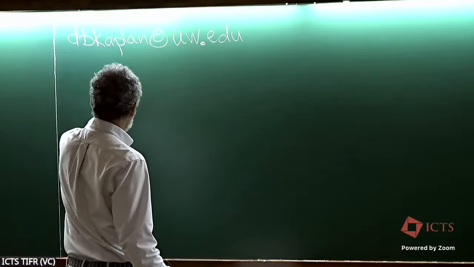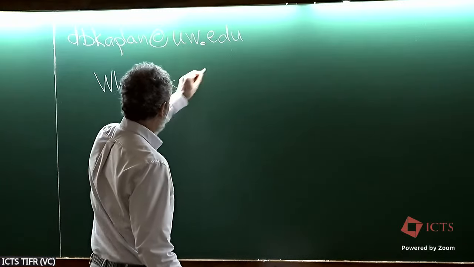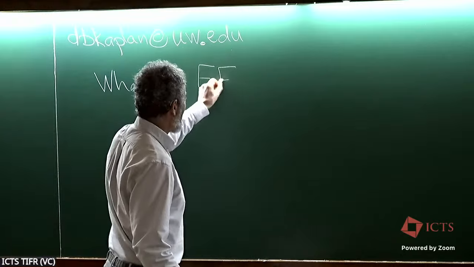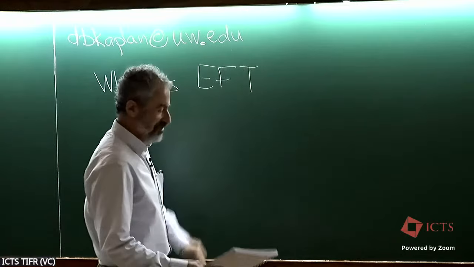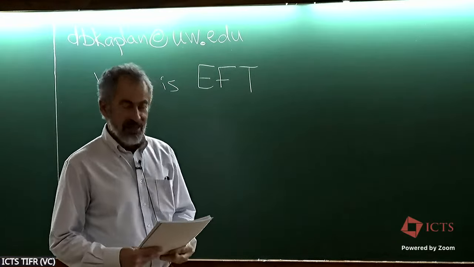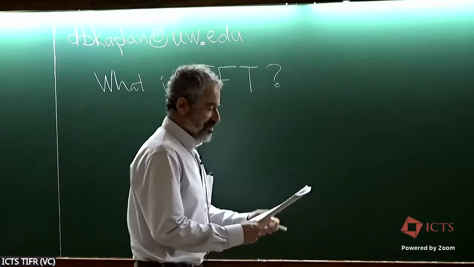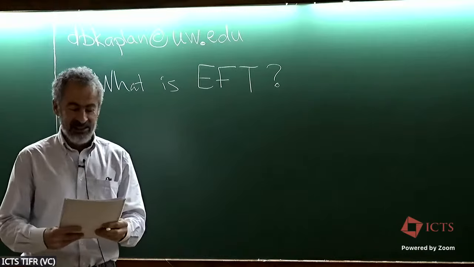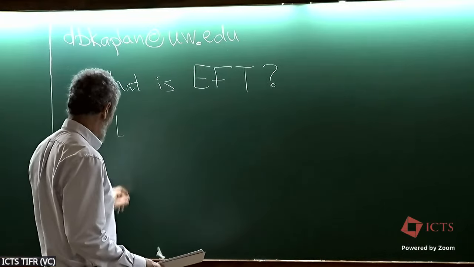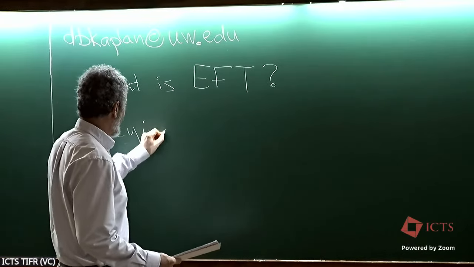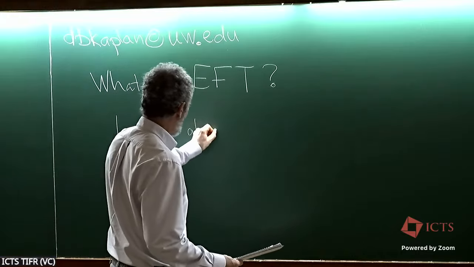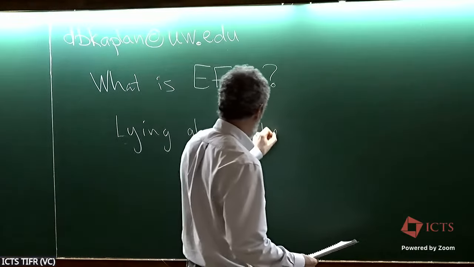So what is effective field theory? You'll see this acronym often, EFT, which means effective field theory. So the big question is, what is it? And probably the best definition is lying about short distance physics and getting away with it.